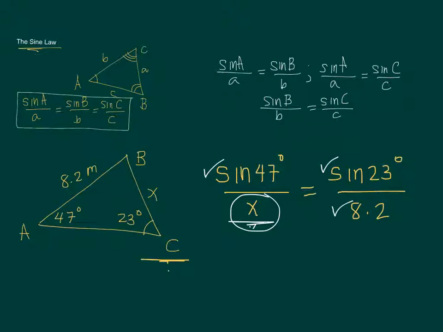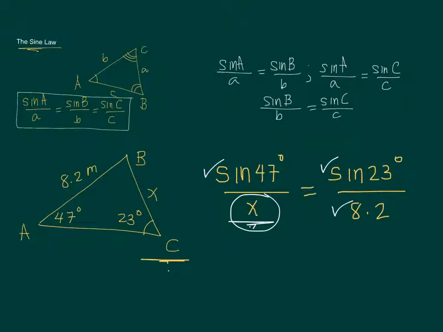Once you have this equation, all you have to do is manipulate it. You can use the term cross multiply, but in formal mathematics, we are actually multiplying both sides by some values.